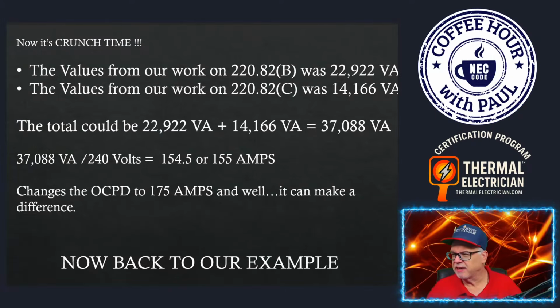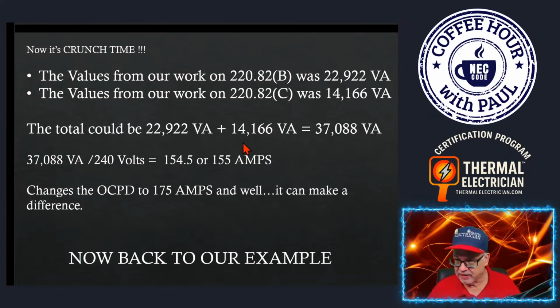So again, here, let me see here if I can. There we go. Easier if I just did that. Okay. So we got our two values. That was 37,088. Okay. Let me double check that again. So 22,922 plus, I was supposedly wanted to make an error in here so I could correct it, but there we go.